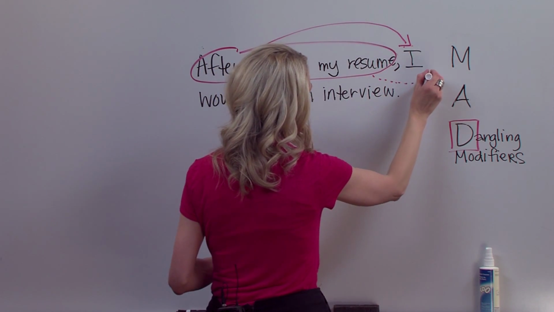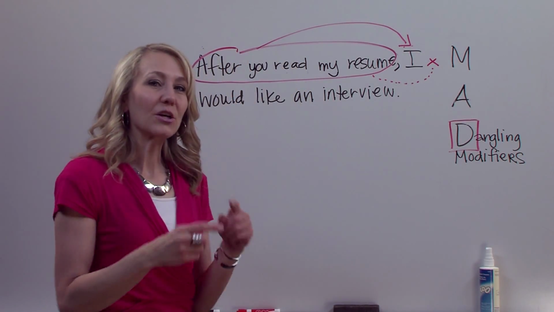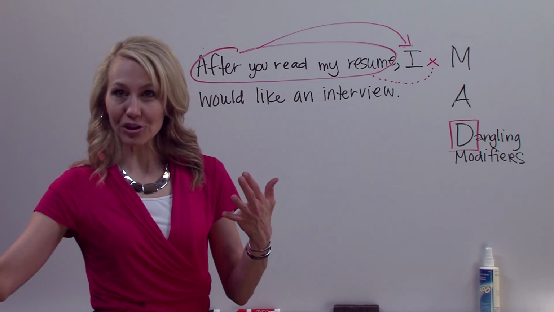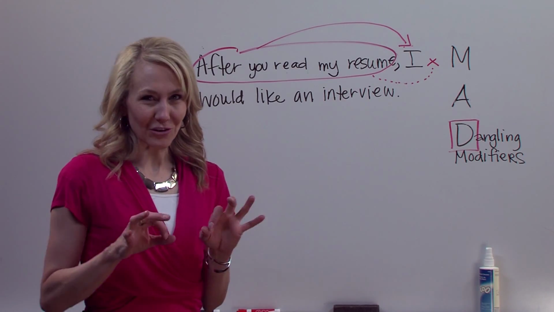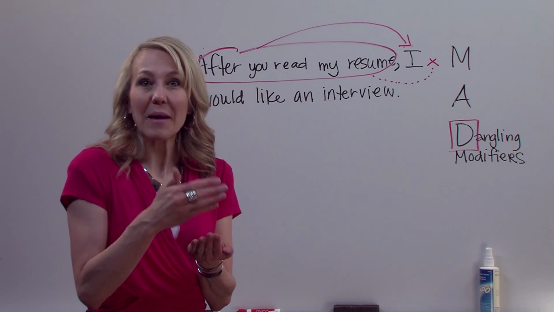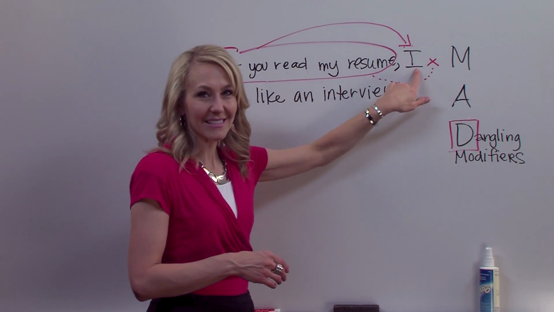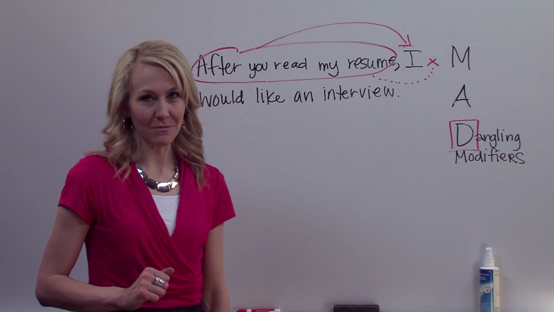I'm just doing this so they can see visually what to do again. Okay, so now let's see if the relationships are clear. I, after you read my resume, would like an interview. Now the relationships are clear, and I know that the verb action of reading the resume belongs to you, not to this subject. So this is, in fact, a good modifier relationship.